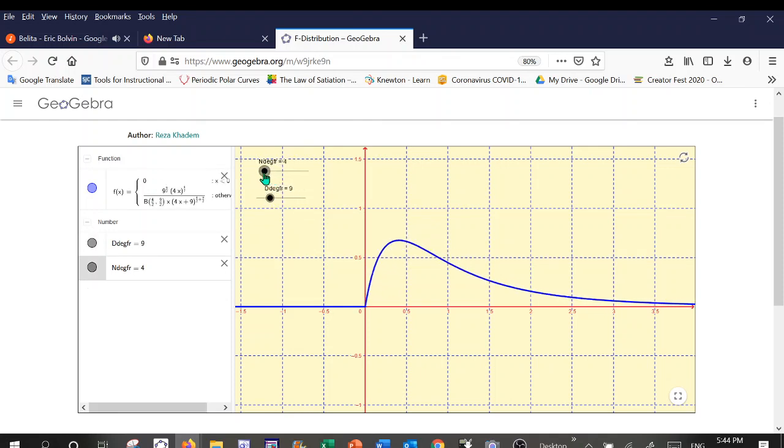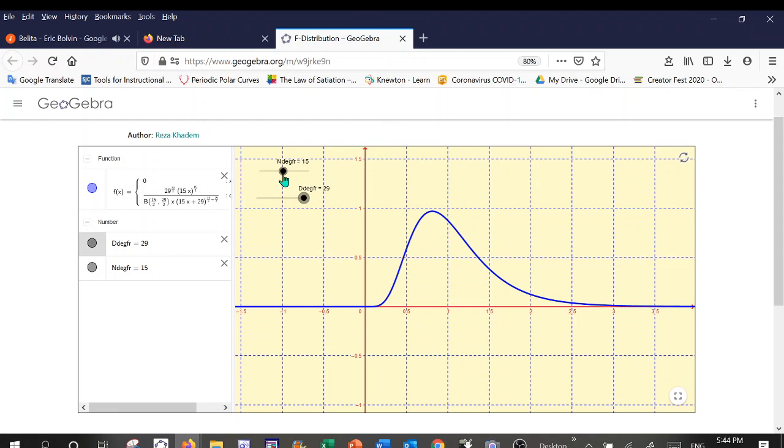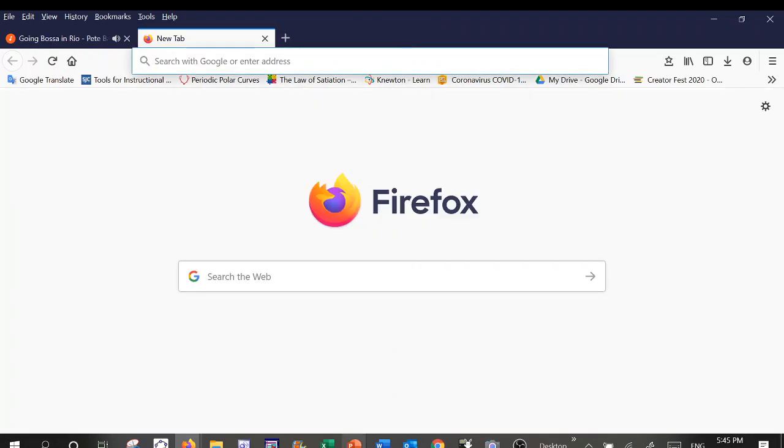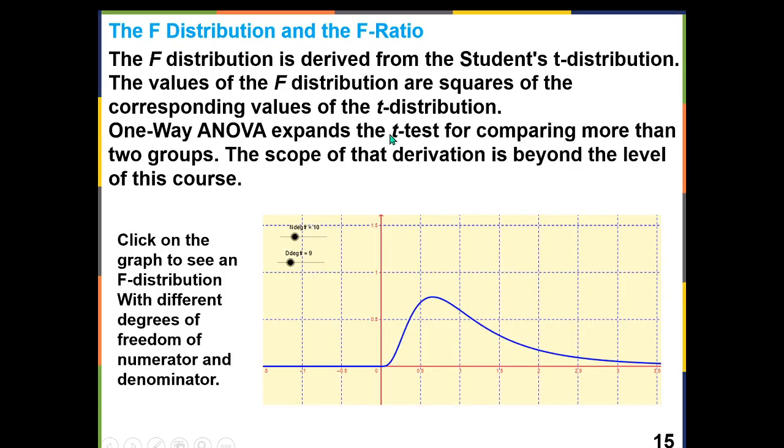So that's our F distribution with different degrees of freedom of denominator and numerator, right? So it starts from 0, similar to the chi-square distribution. But the formulas, of course, are much more complicated and we don't want to get into them. All right, so let's go back to our discussions.